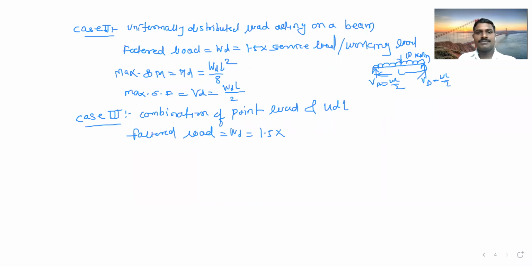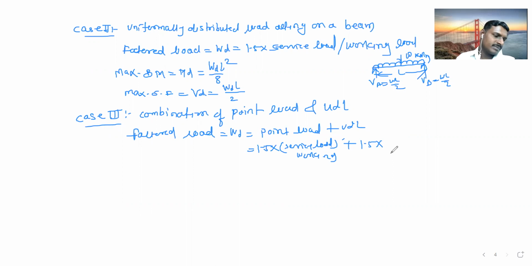So it means WD plus point load plus UDL. So 1.5 into service load or working load plus here 1.5 into again service load into service load or working load.